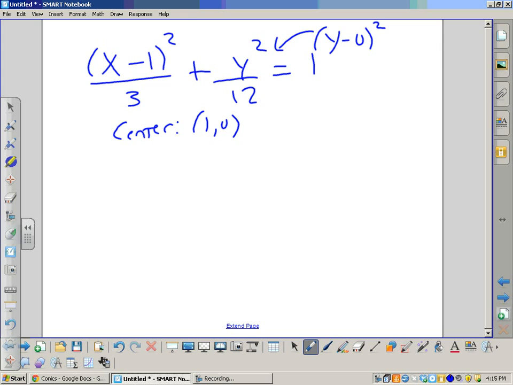So a squared is 12, so a is 2 root 3. And b squared is 3, so b equals root 3.